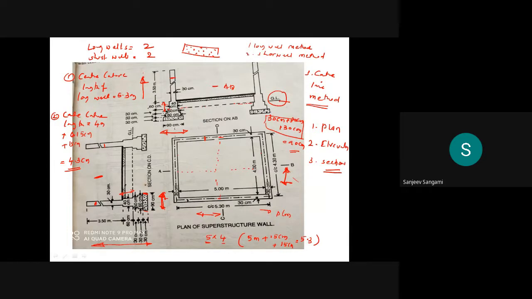You can see the ground level here, and they have written GL here. Till then you have to excavate, irrespective of the breadth of the footing. Suppose the breadth is 90 centimeters, the depth of 90 has to go. You have to excavate like this only, irrespective of the cutting. So 90, and this is also 90.